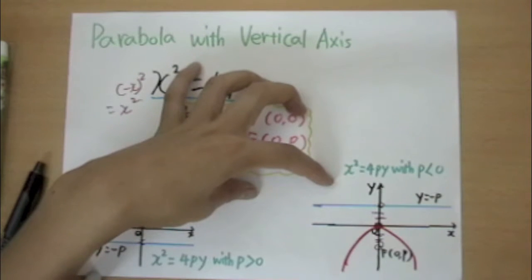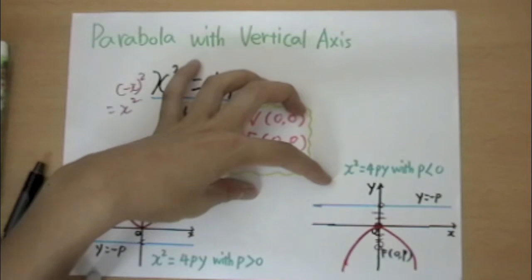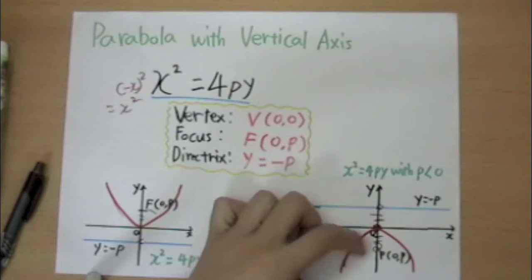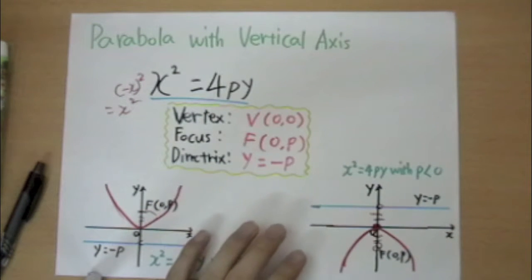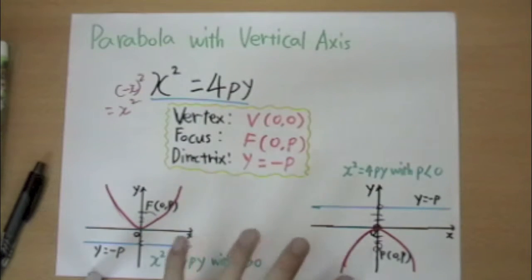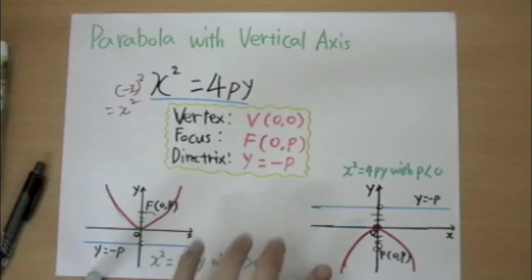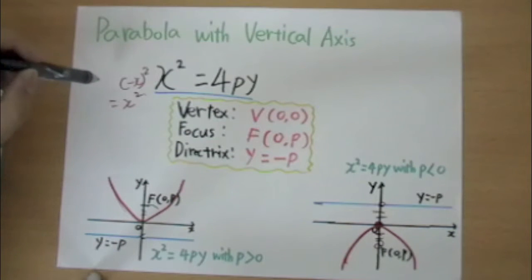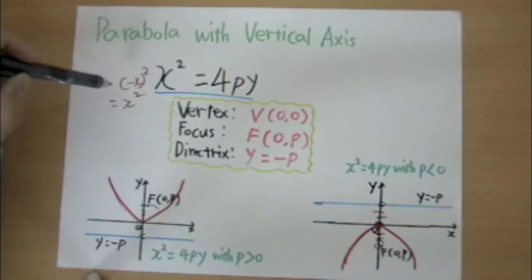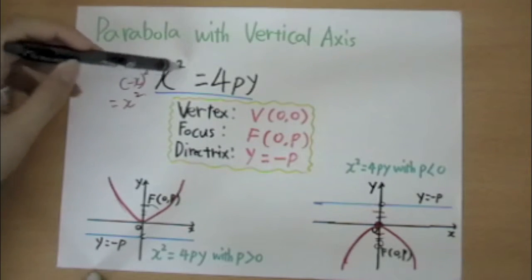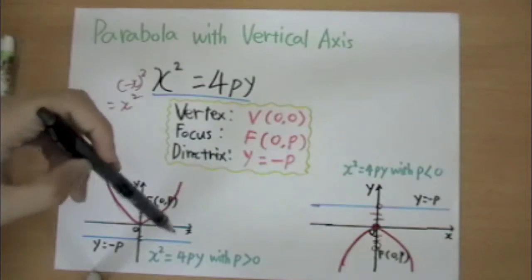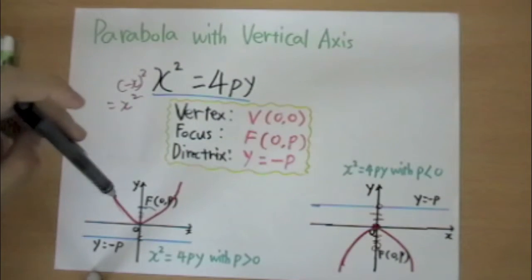So the parabola opens downward if p is smaller than 0. There is a correlation between these 2 graphs. These 2 graphs are symmetric, because even though the x value is negative, it always turns out to be positive since there is a square. This is the reason why these graphs are symmetric.